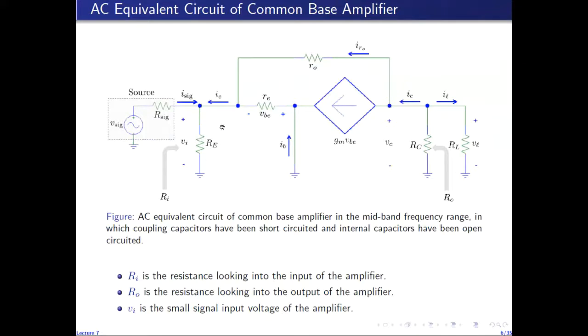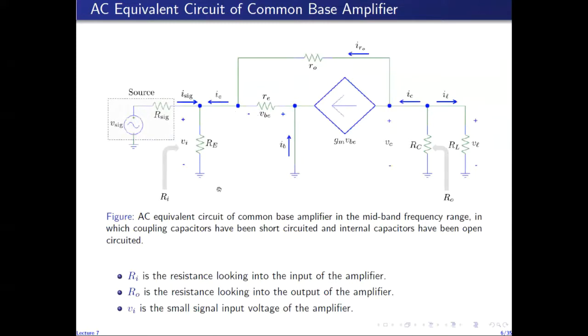And this resistance is found by finding the voltage across the port, which is Vi, and the current into the port. Since current out of this port is labeled as IE, we can think of the current into the port as minus IE. So minus IE is the small current flowing into the emitter terminal, and Vi is the voltage across this port.